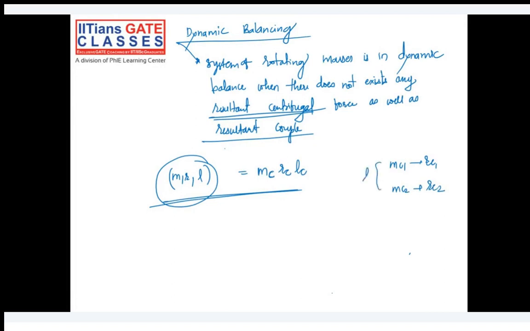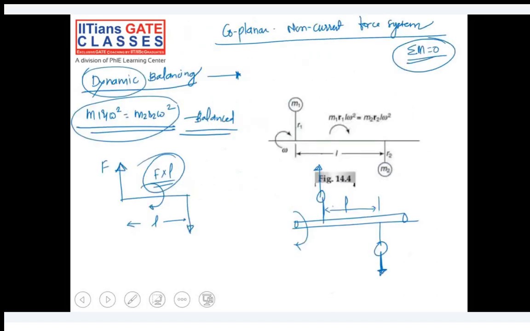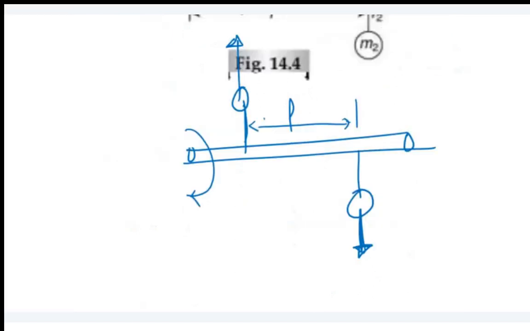So ultimately, whatever the resultant is, I'll go to the previous figure. So in this figure itself, let's say I draw... sorry, my screen stopped.